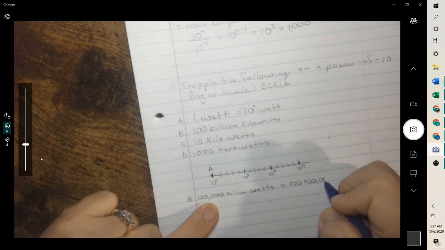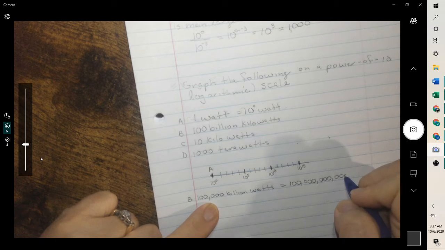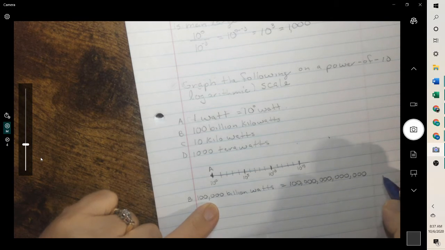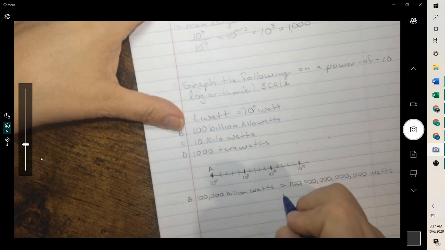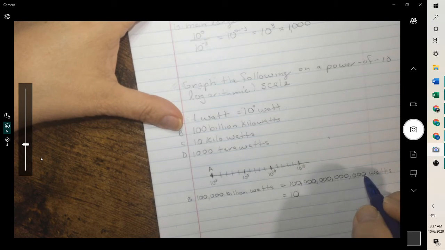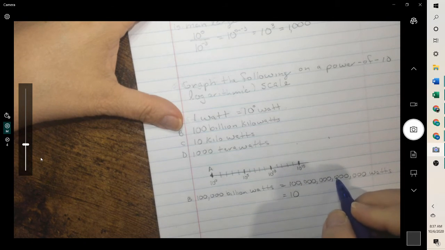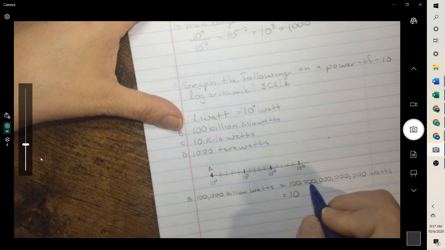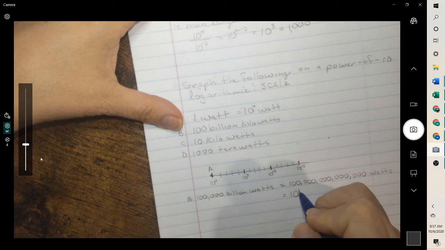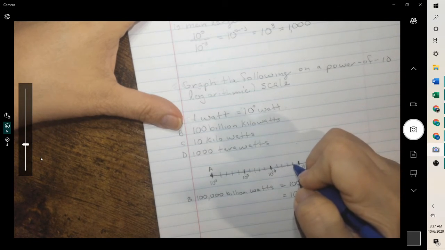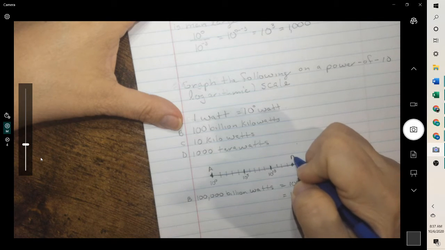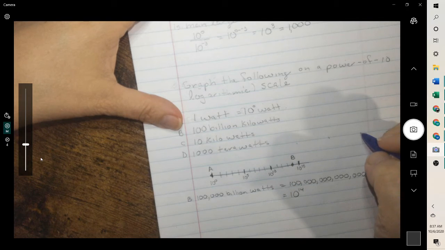Then we need 1,000, million, billion. Which would be 10, 1, 2, 3, 4, 5, 6, 7, 8, 9, 10, 11, 12, 13, 14. 10 to the 14. So there's where B would be.